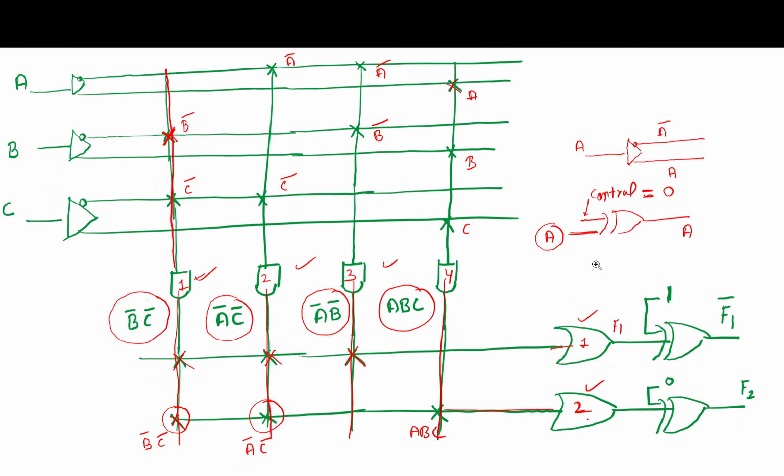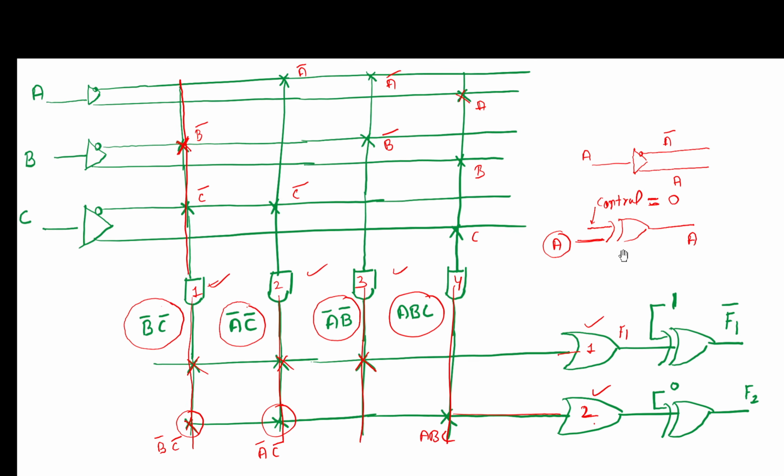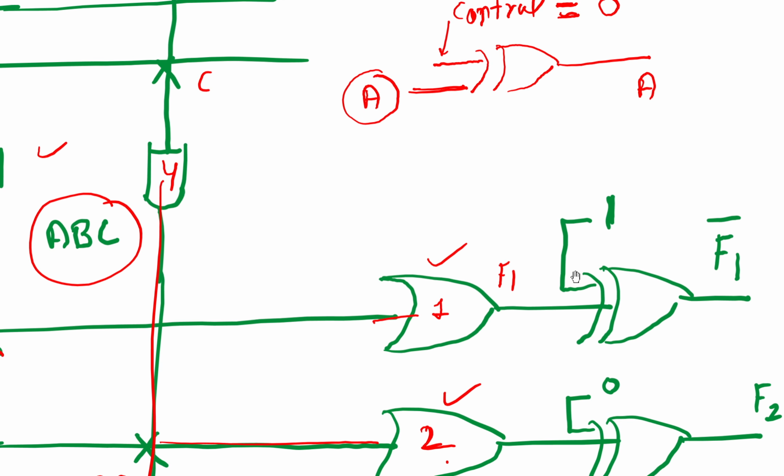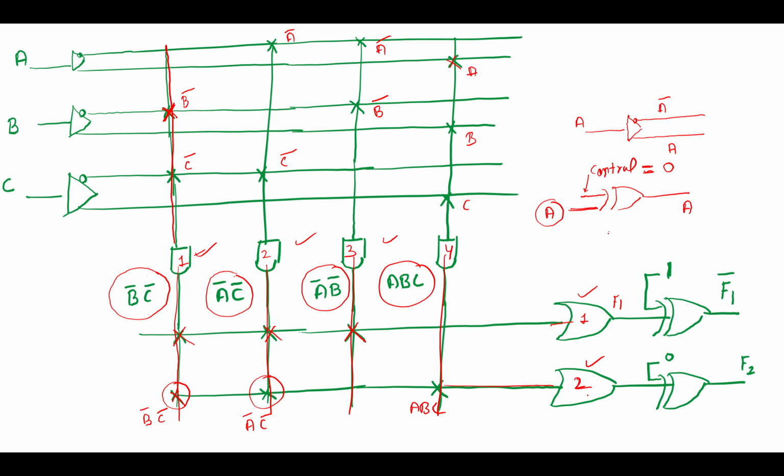Now in the other case, suppose this is one more XOR, and this time the control signal is 1 and the other input is a, so this XOR generates the complement of the input, a bar. So this type of logic we have to apply to take the complement of f1.